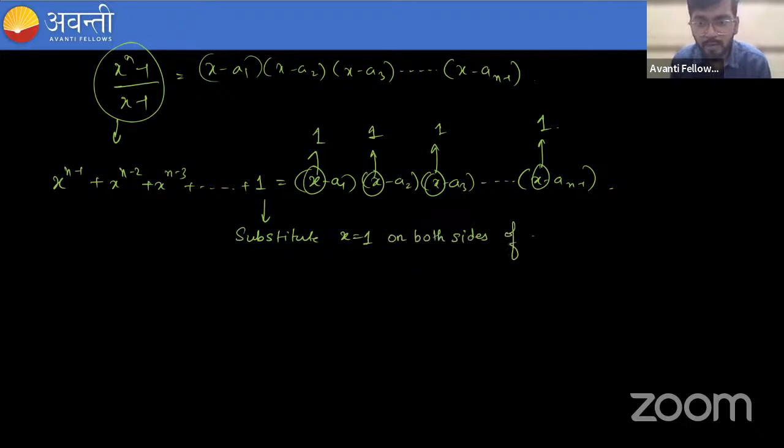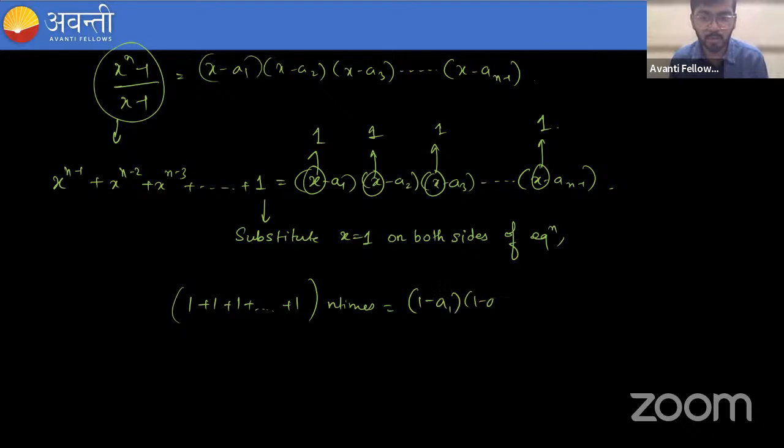and both sides of the equation, then what we will get is 1 plus 1 dot dot dot plus 1. This will be n times since there are n terms there, and this will become 1 minus a1 into 1 minus a2 into 1 minus a3 up to 1 minus a n minus 1, right?